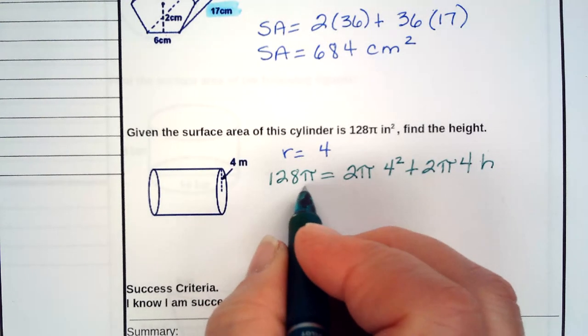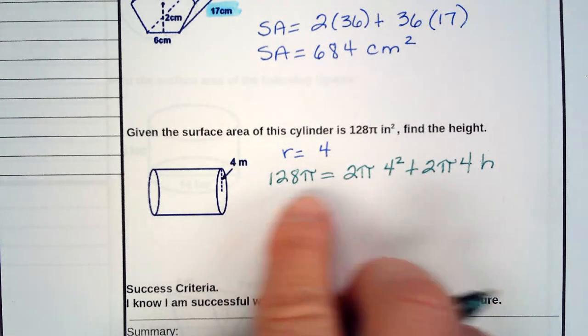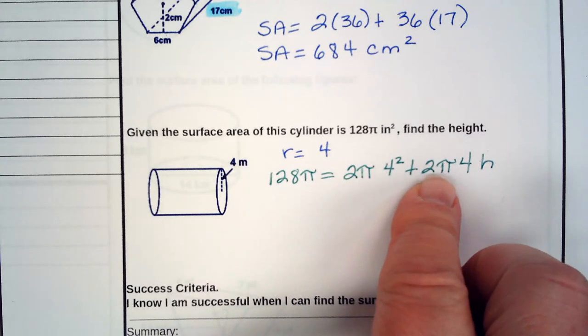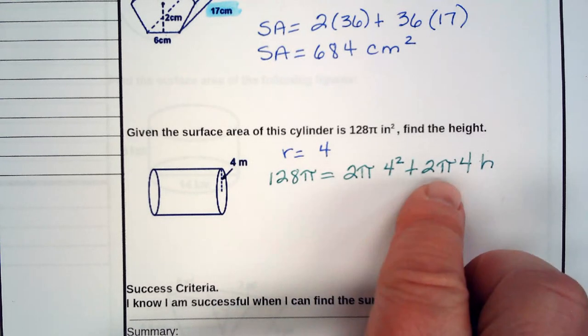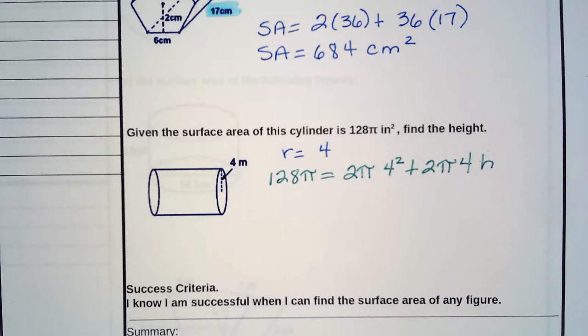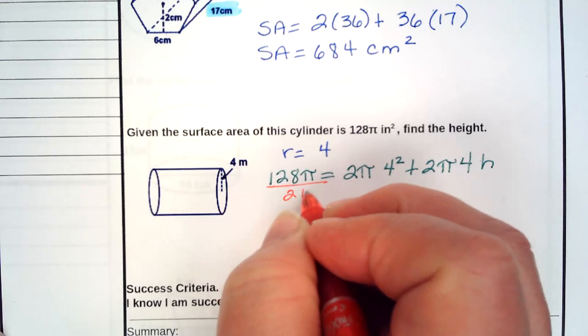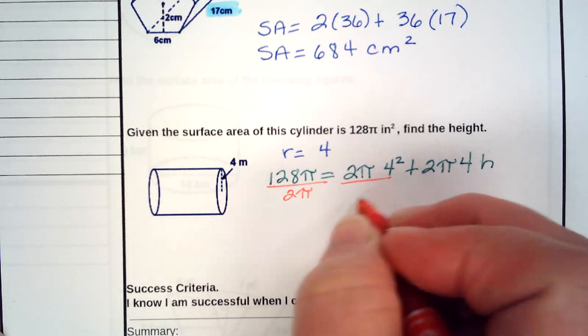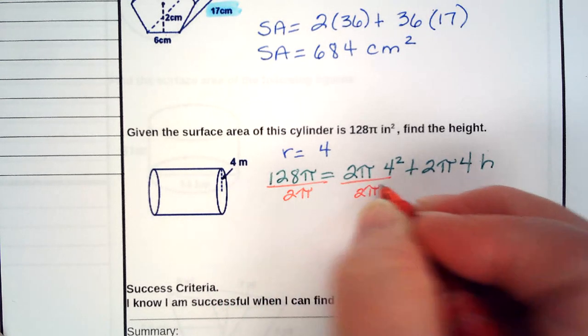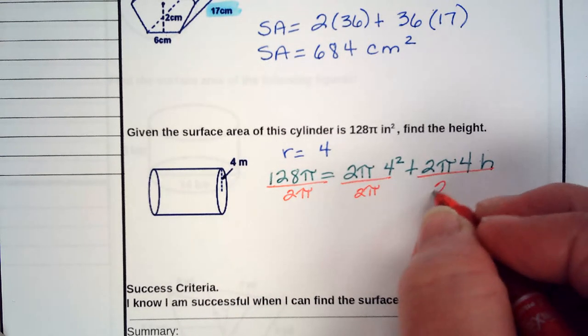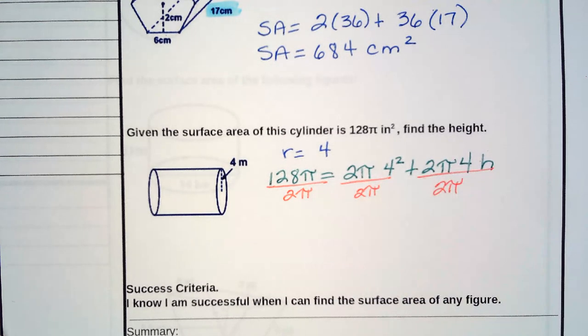Okay, 128 pi. If I look, I've got 2 pi in every one of those terms. So to make my life easier, I'm going to divide everything by 2 pi. I've canceled it out of this term.